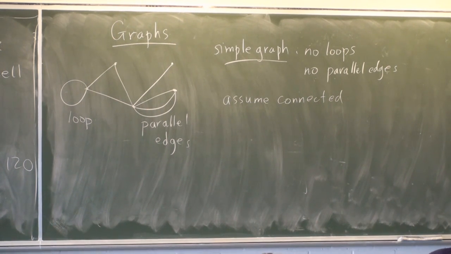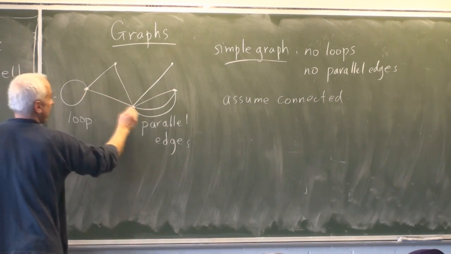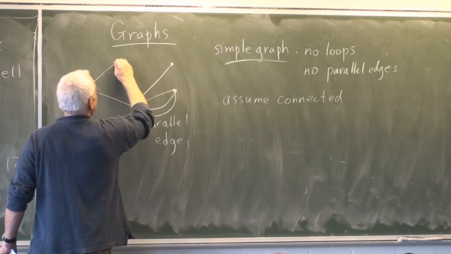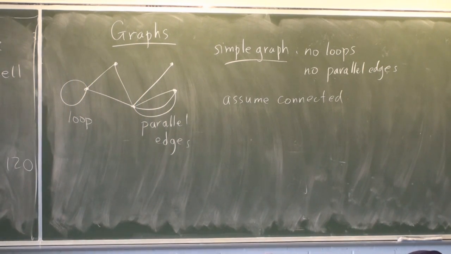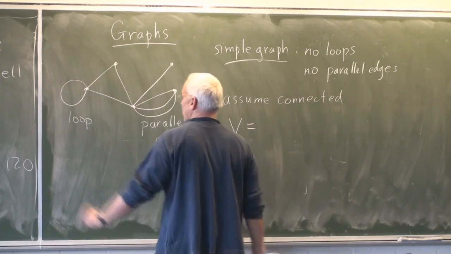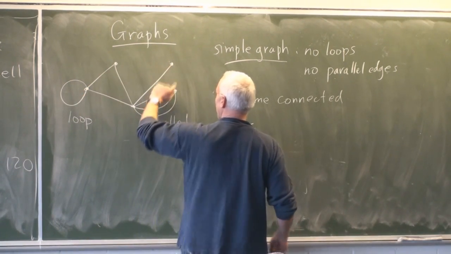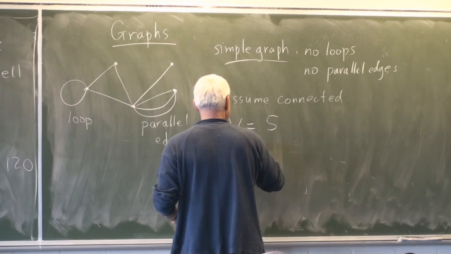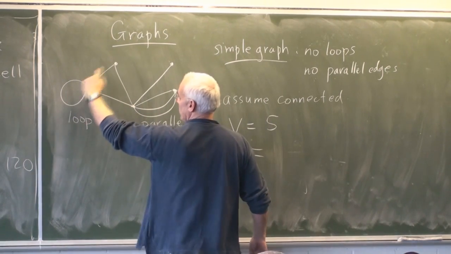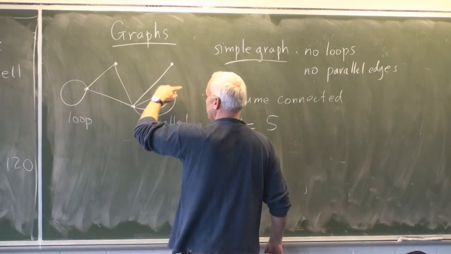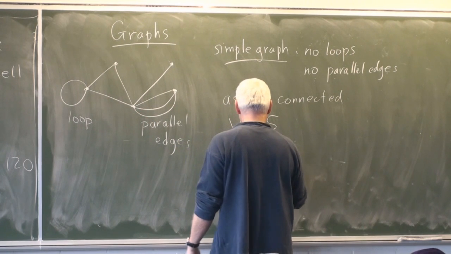Okay, there's a graph there. Let's make sure we know what the vertices are. There. Okay, so let's count vertices, edges, and faces. This one here has vertices 1, 2, 3, 4, 5. Edges: that's 1, 2, 3, 4, 5, 6, 7, 8.